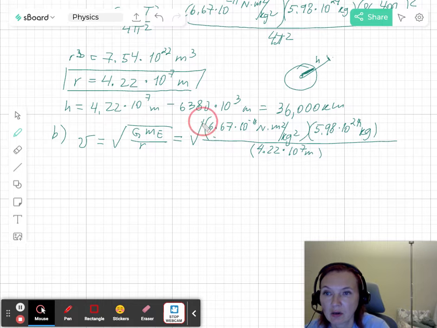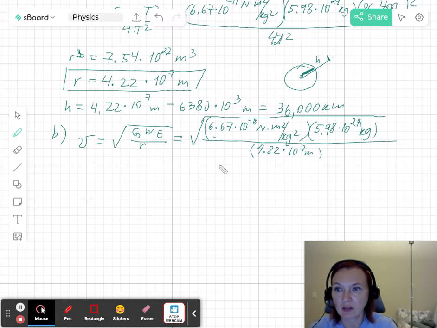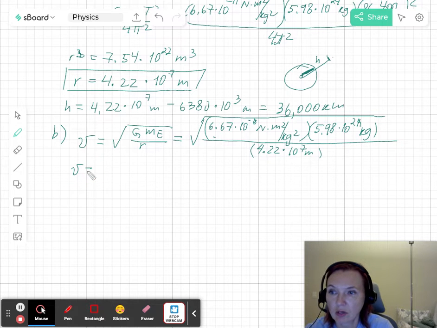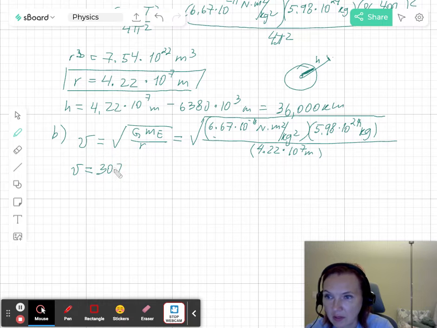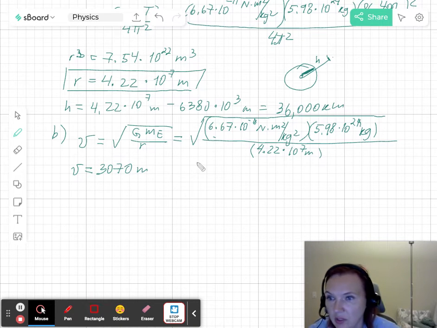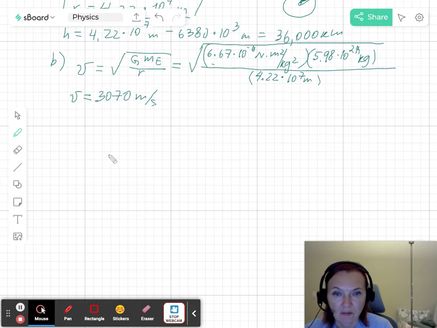Remember, we are looking for the radius, the distance from the center of the Earth to the satellite. And then once we calculate this, so same thing, you can pause, you can try to calculate it on the calculator. And when you unpause, you should get 3,070 meters per second.